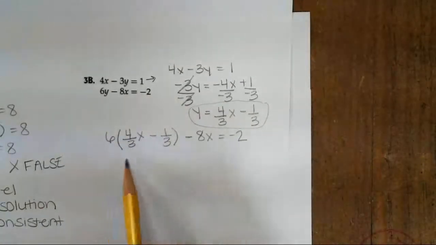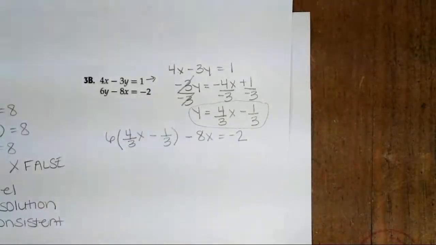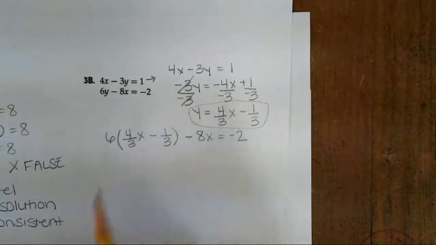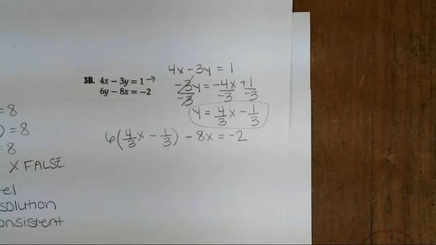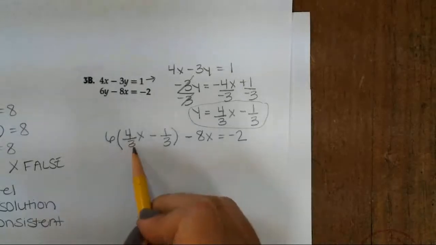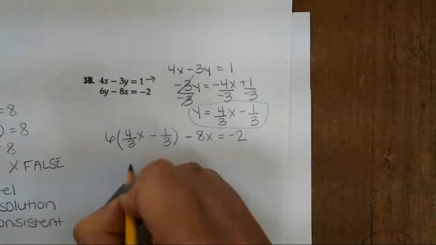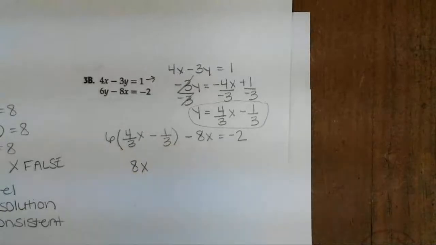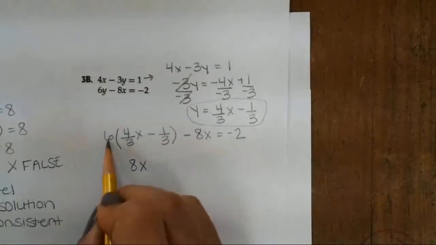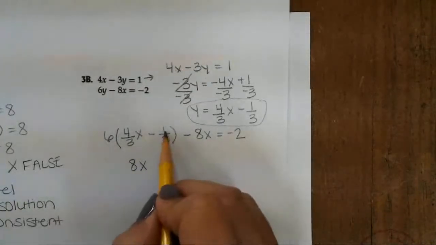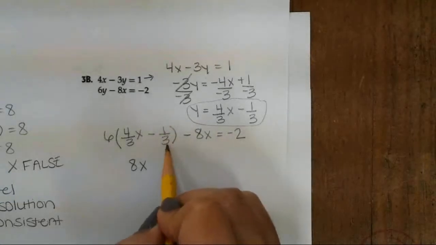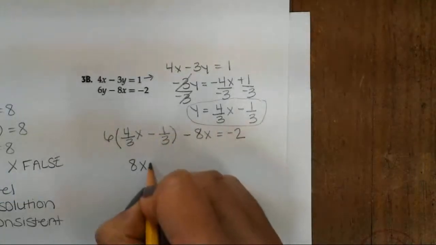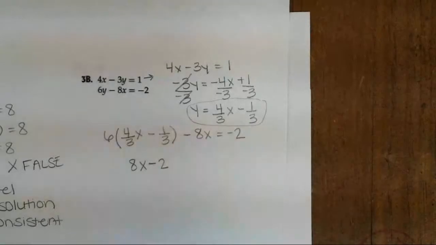Now I'm going to multiply by 6. 6 times 4 gives me 24, and 24 divided by 3 gives me 8, so I have 8x. Let's do that with the other one. 6 times 1 is 6, divided by 3 is 2, so I have minus 2.